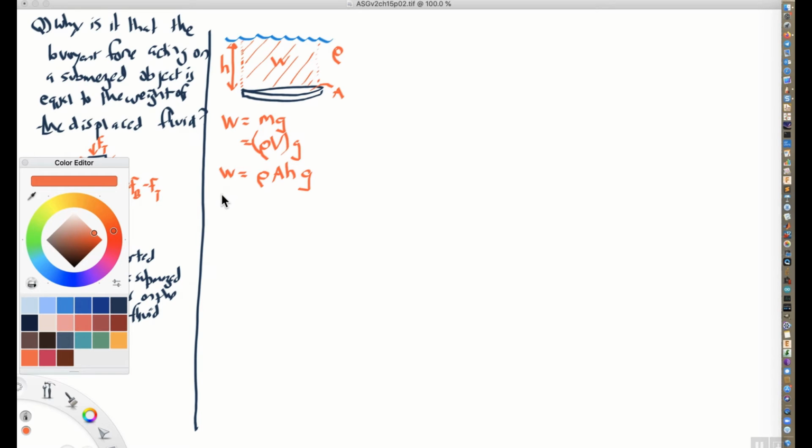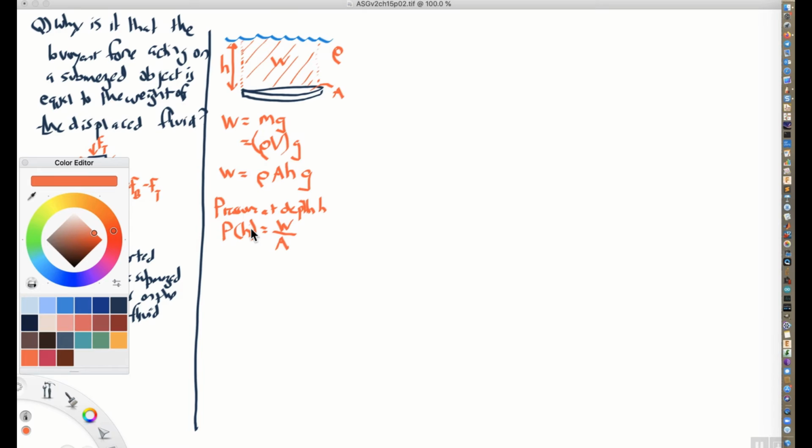And now we can calculate the pressure at the depth h. We can call that pressure, which is a function of h, or the depth. That is going to be the weight of all that fluid divided by the area. Remember, pressure is a force over area, and the weight is a force, so it's weight over area.